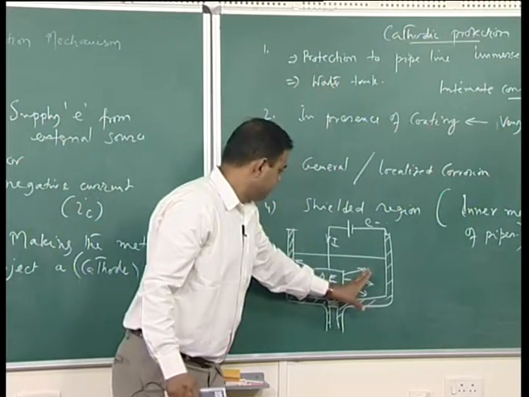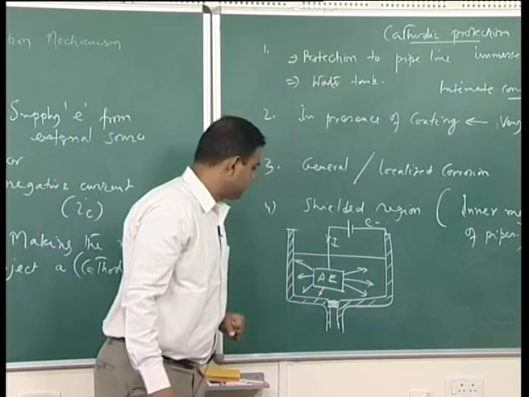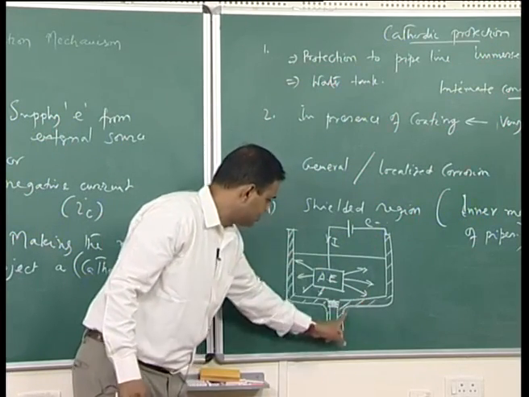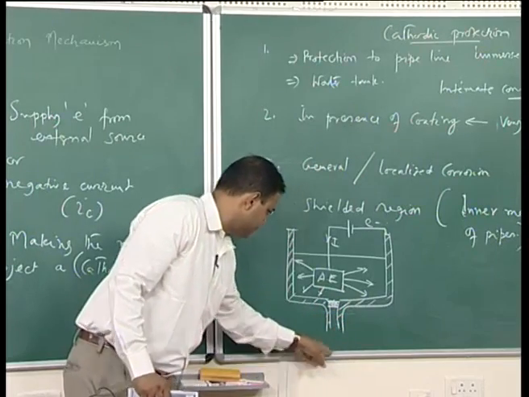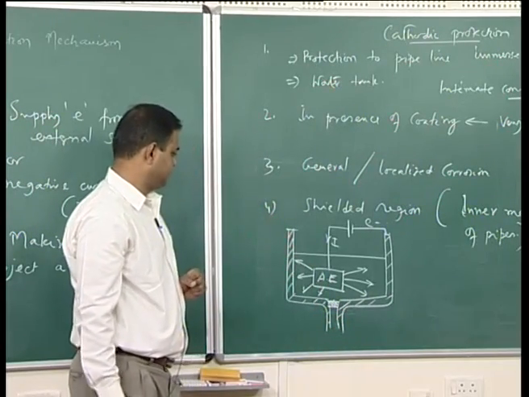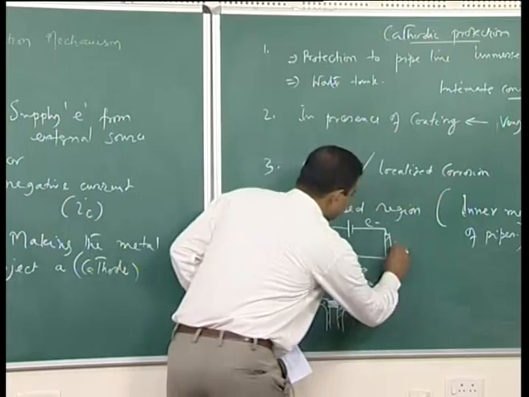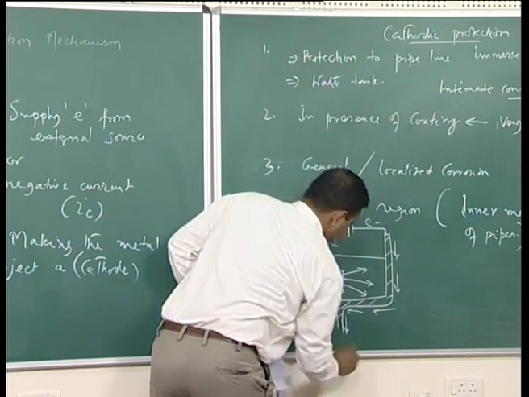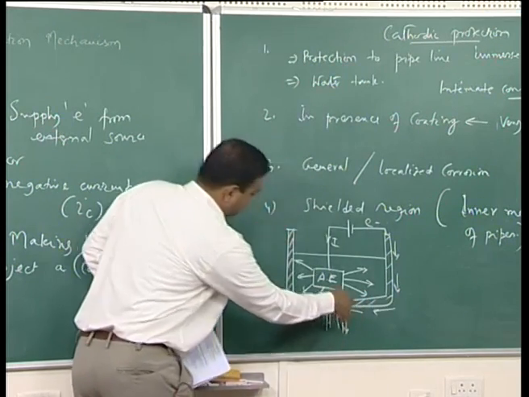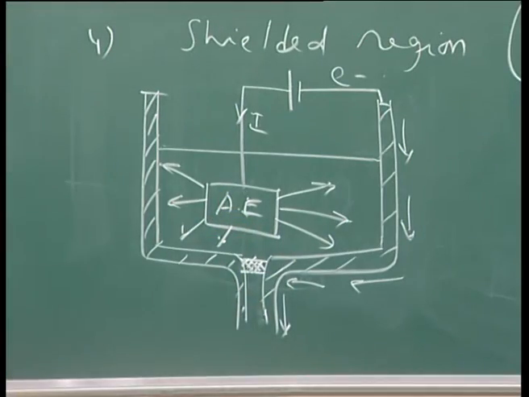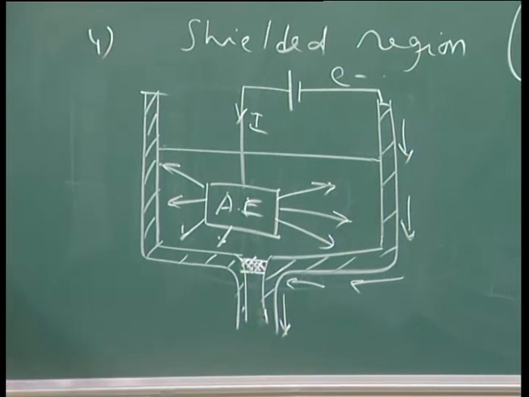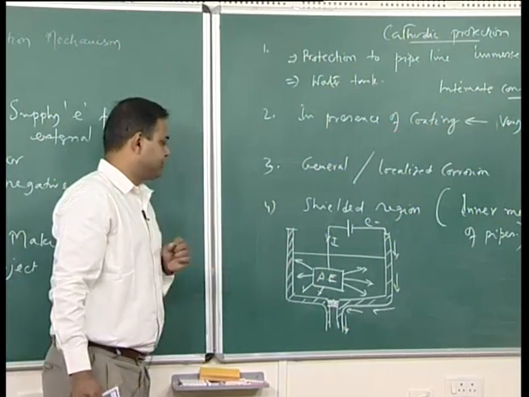Current is flowing in all directions and the external circuit is completed this way. If we do not have the stopper, electrons can flow out like this, and the entire system together with this pipeline will be part of the cathode, and then it can have cathodic protection.